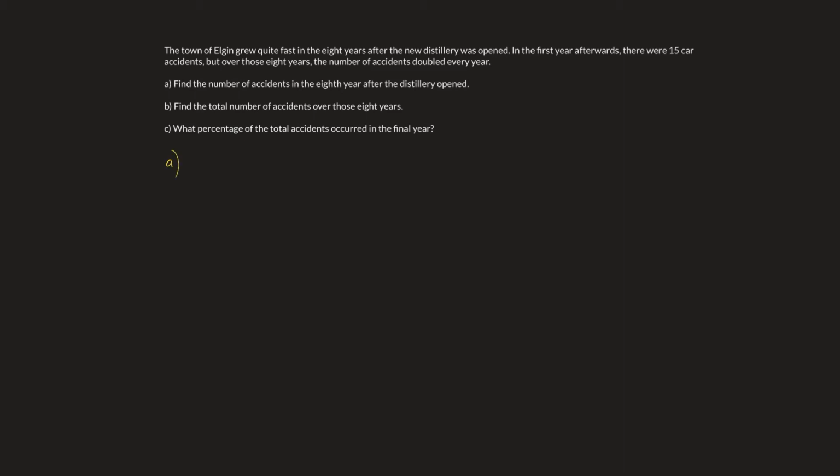So looking at part A, there were 15 accidents in the first year and they double each year after that. So we want to find the number of accidents in the 8th year. So I can see that it's going to be a geometric progression with the common ratio being 2.